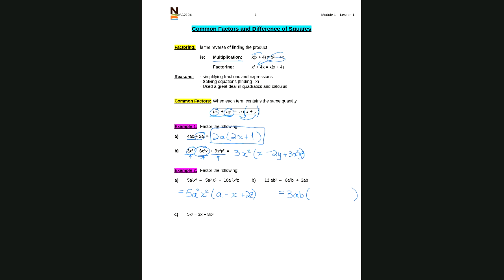And that gives us 4b minus 2a and plus 1, right? Not 0. We need to multiply by 1 to get the same term back. And for 2c, the common factor is just x. And that leaves us with 5x minus 3 plus 8x squared.